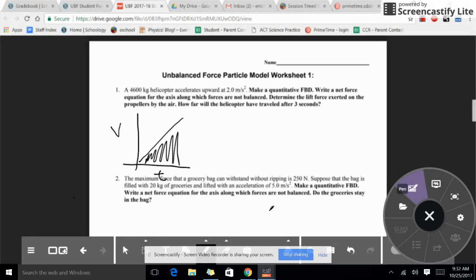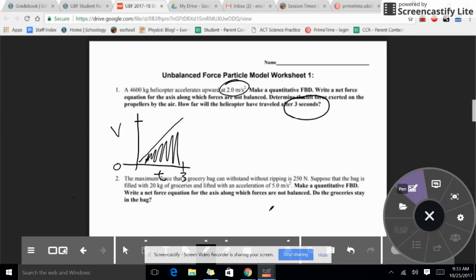Cool, so we just need to figure out what the height is and the length. We're asked to figure out after 3 seconds, so this is going to be 3 seconds. If we're starting off at 0 meters per second, and we have an acceleration of 2 meters per second squared, what will our velocity be after 3 seconds?